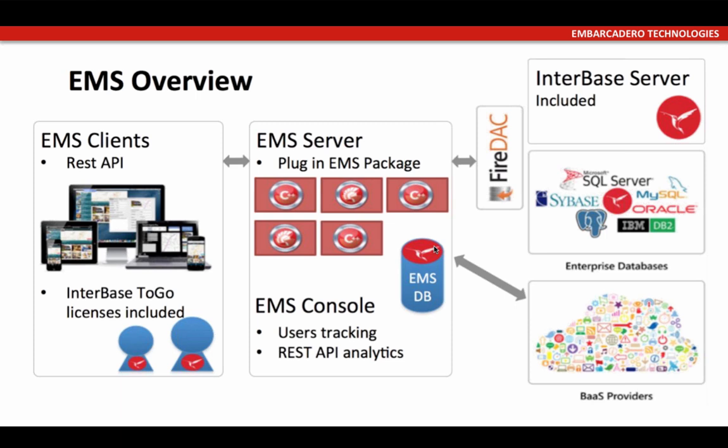You deploy the ISAPI module with the set of packages and the database along with it. With that database, you are able to access a console, which runs on a separate port, and start looking at user tracking and REST API analytics via the web console. Of course, as I mentioned, you could also just make REST calls into the server, or for that matter, you could talk directly to the database.